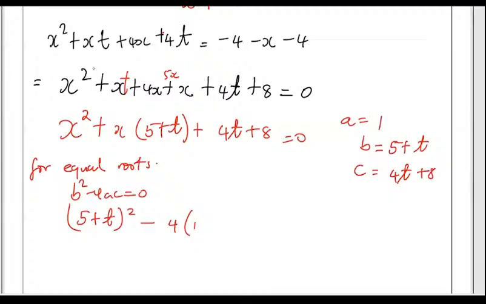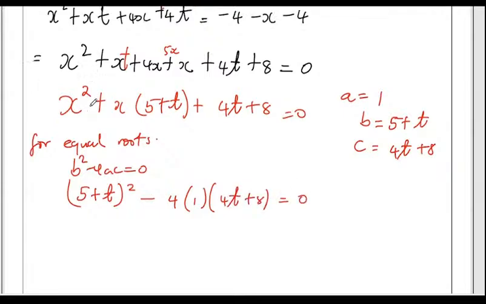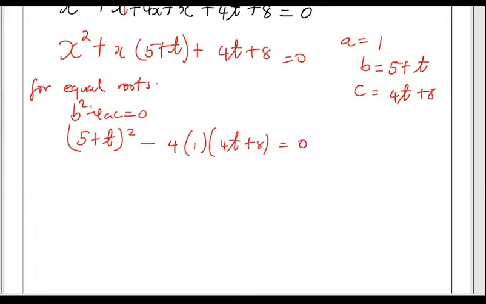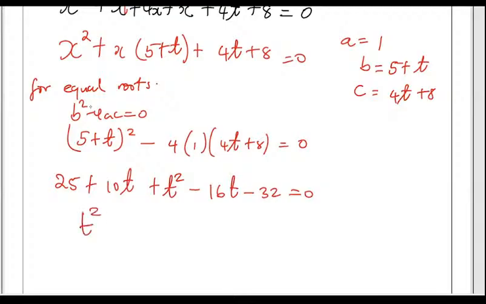Okay, a is 1, and our c is 4t plus 8, and that should give me 0. So when I open this up, what is 5 squared? That's 25 plus 10t plus t squared, minus 16t minus 32, gives me 0.